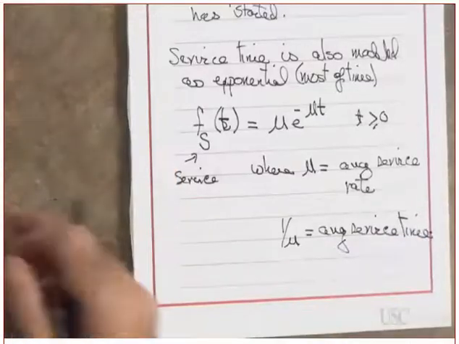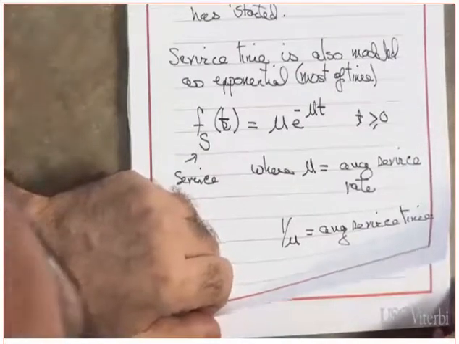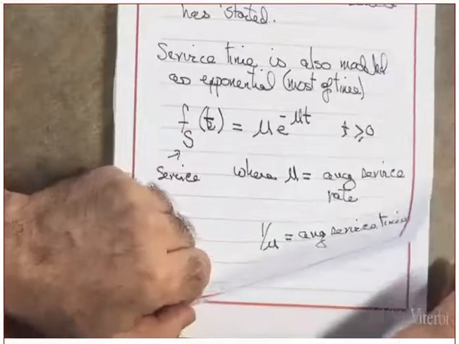Clear? Again, we will put all of these ideas in just a second into perspective. Clear? Number of servers.